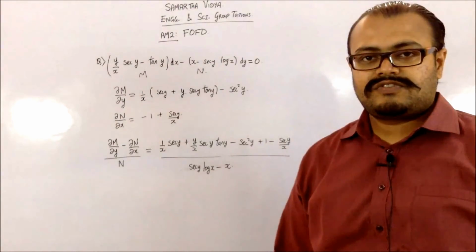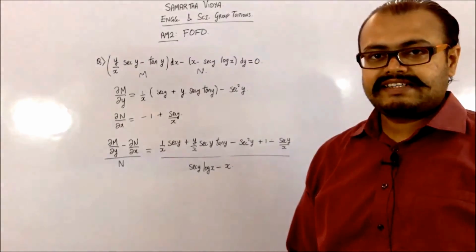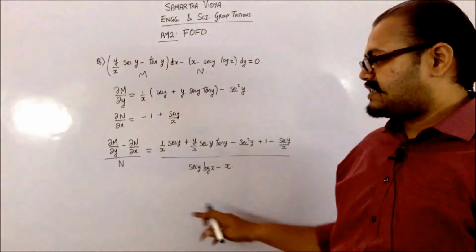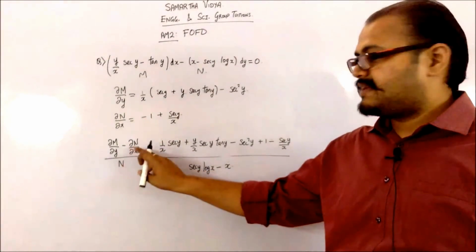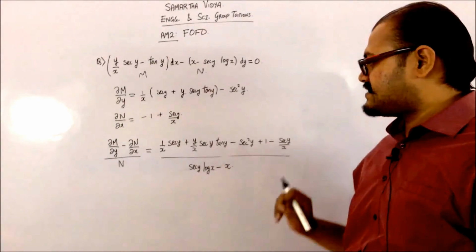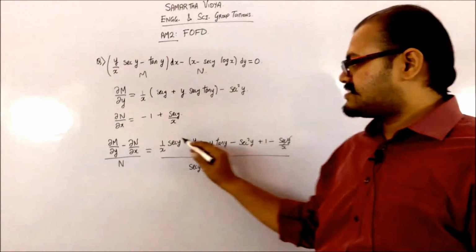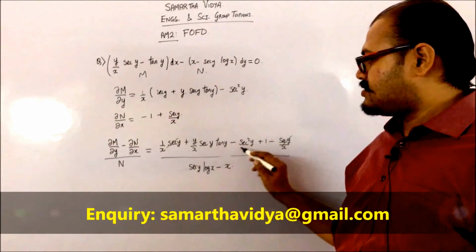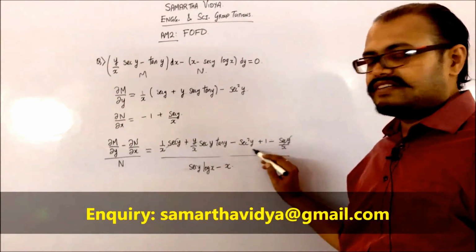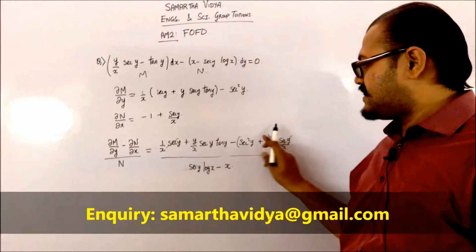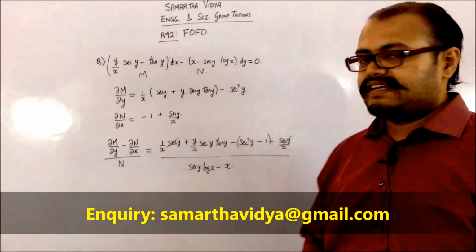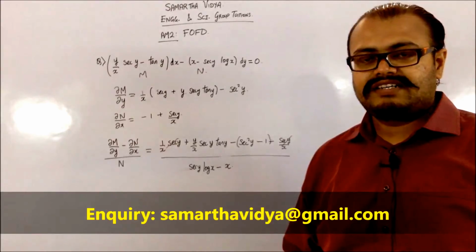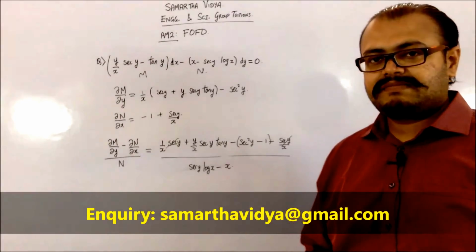So first we are checking the first rule, because we are not getting the equation as exact. After substitution of dou m by dou y minus dou n by dou x, we are getting something like this. We can see that these terms get cancelled out. From this, if we take a minus sign common, we can write this as sec square y minus 1, so that becomes tan square y.